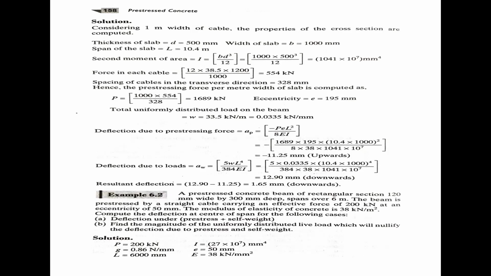We have to convert to mm. 10.4 into 1000, that means convert to mm. All the values have to be taken in mm. Finally, get the value for deflection due to loads: delta equal to 5WL to the power 4 divided by 384 EI.